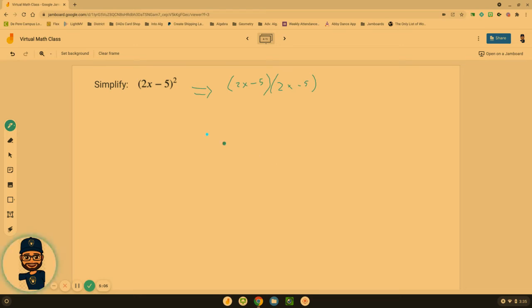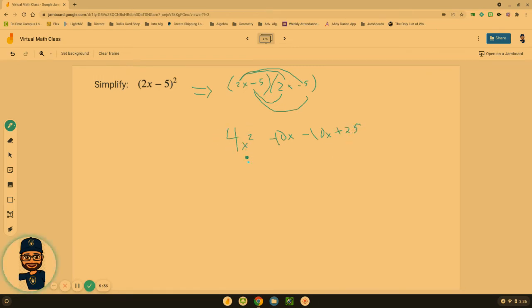So we've got 4 multiplications here. 2x times the 2x, that's 4x squared. 2x times the negative 5, negative 10x. Negative 5 times this 2x is another negative 10x. And negative 5 times negative 5 becomes positive 25.